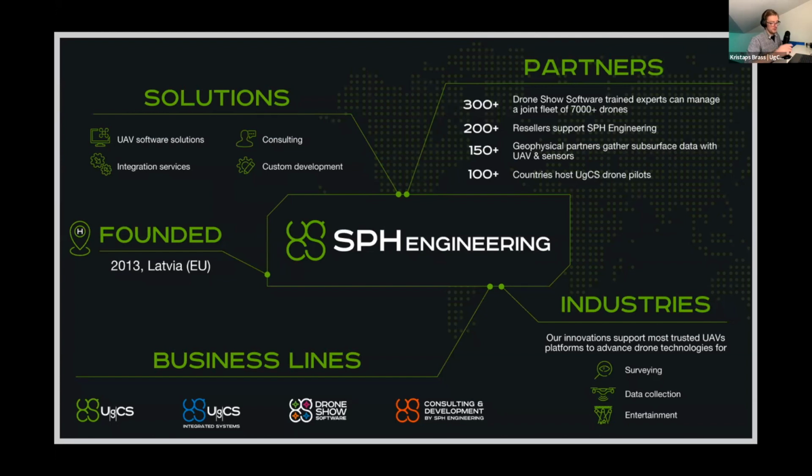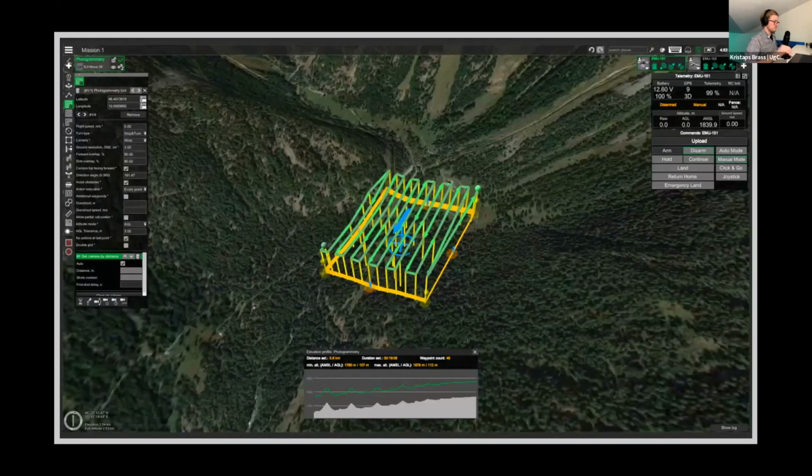Let's move on to the slides about UgCS software. For those of you maybe not familiar with UgCS, this is how the interface looks. I'll also show you the software in action in just a brief moment. Here you can see all the software is in 3D.